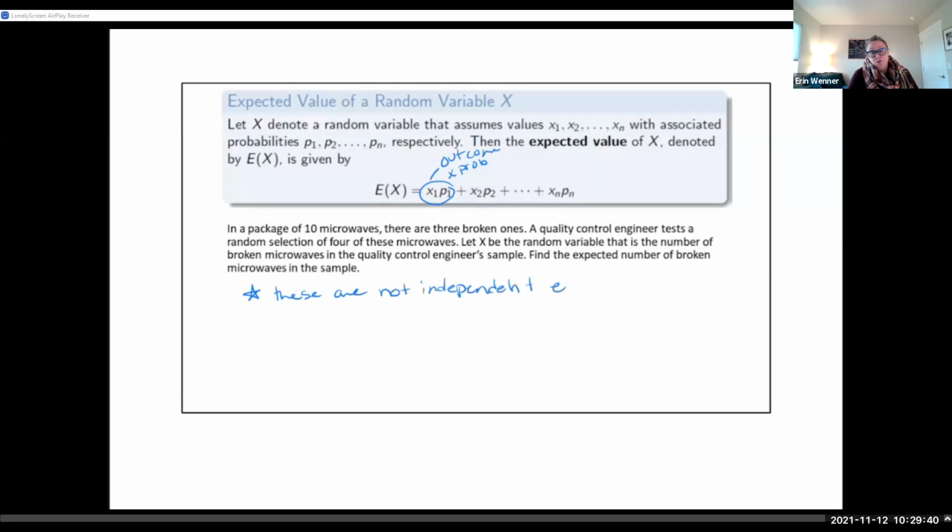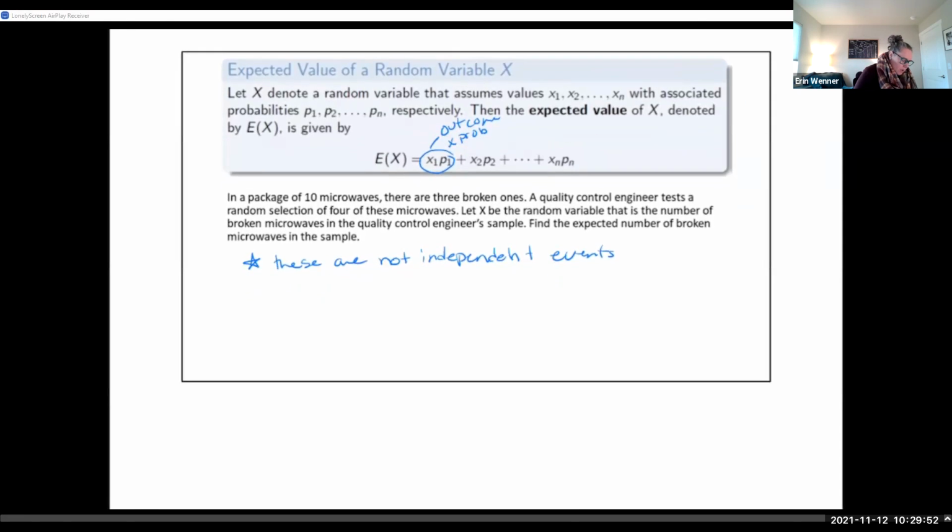Which means we can't use binomial probabilities like we were using in 8.4. We have to go back to what we were doing in 8.3 and use our combinations. So because there are 3 broken microwaves, that means we can have 0 broken, 1 broken, 2 broken, and 3 broken.